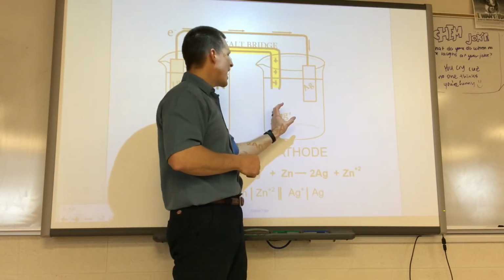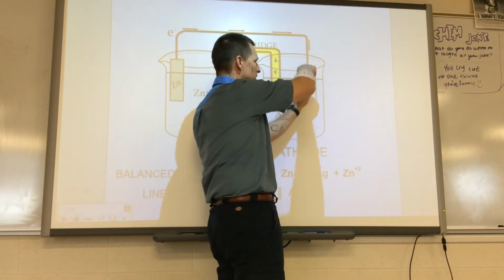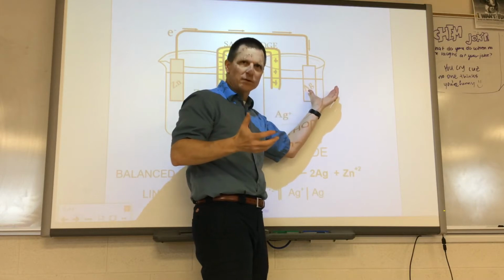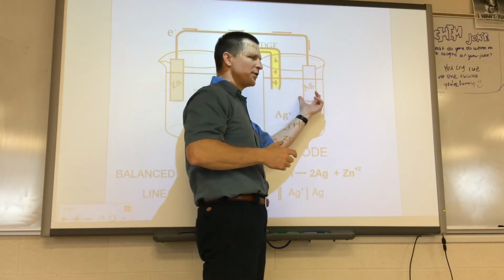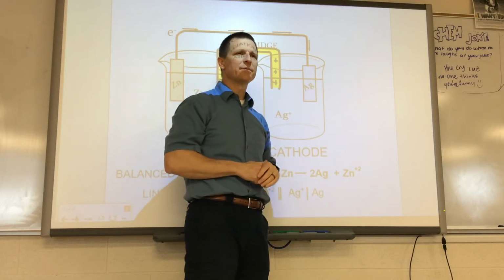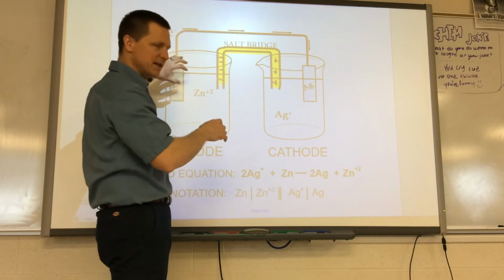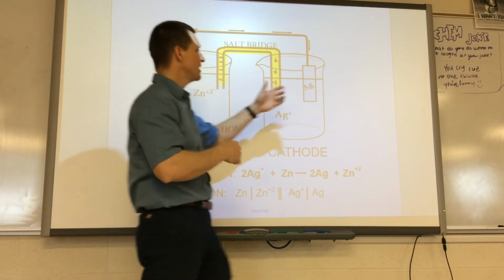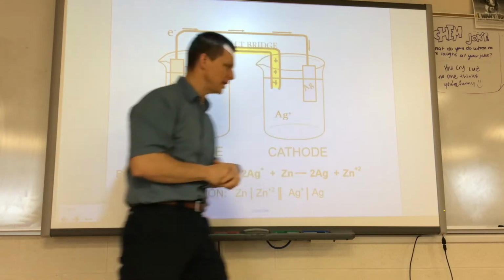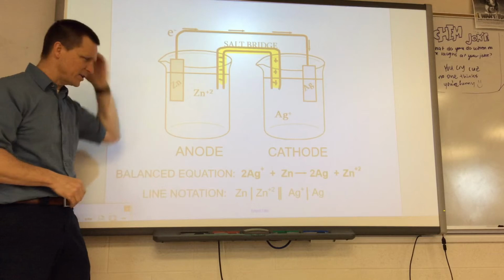The silver ion migrates over here because you've got negative charge coming in, so the silver grabs onto it and becomes silver metal. So we started with a silver plate, and the silver ions are plating onto it. If we measured the mass of the zinc and the silver at the beginning, we would find that the zinc mass goes down as it dissolves. The silver mass goes up because more ions of silver are plating to it. We talked about the line notation on that one.